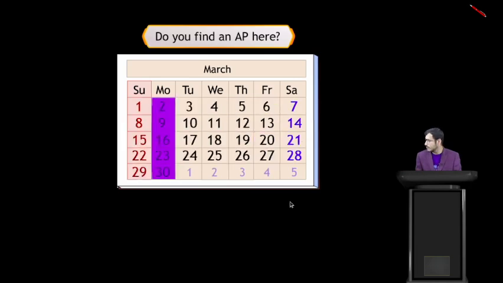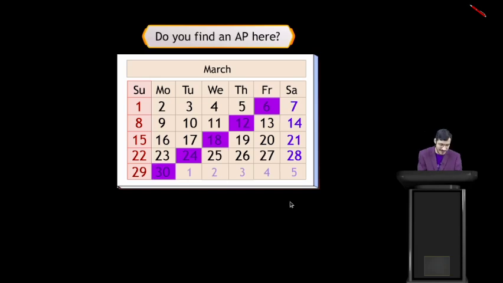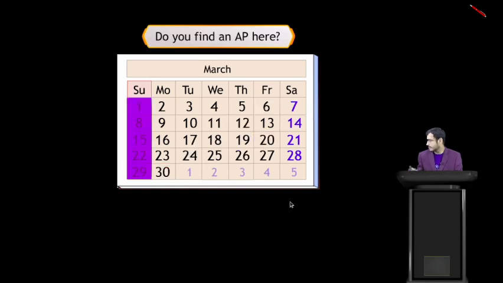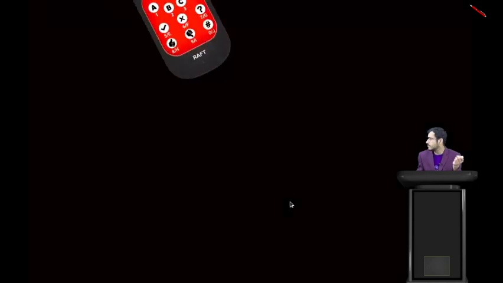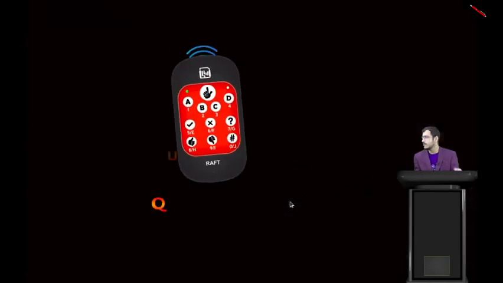And you can see here 1, 8, 15, 22, 29. Second, 2, 9. Now you can see 14, 20 and 26. The difference between two consecutive terms is the same. You can see 20 minus 14 is 6, and 26 minus 20 is 6. So of course that is an AP. So all are APs here.